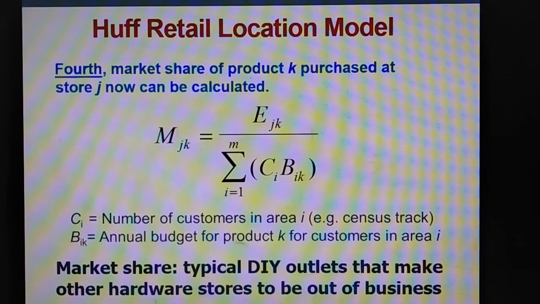So due to this big market share, DIY will normally have very strong competition with the other smaller hardware stores, and smaller hardware stores normally have very stiff competition in this situation, and normally they go out of business. And this formulation is explained by Huff retail location model number 4 to explain how big the market is.